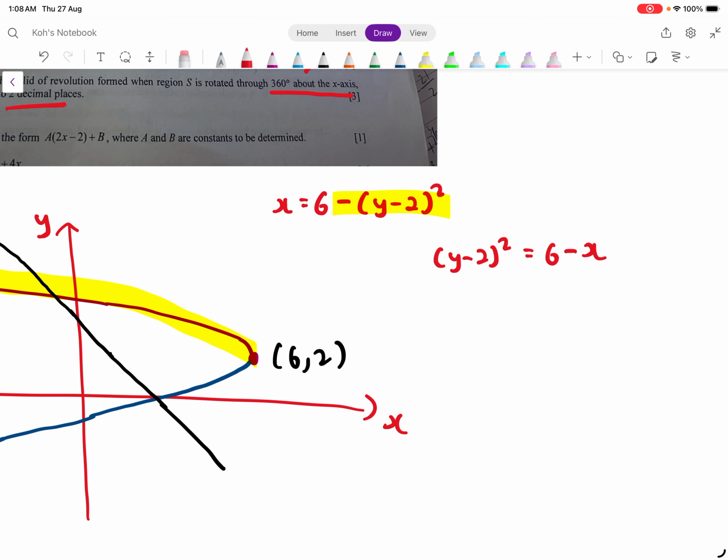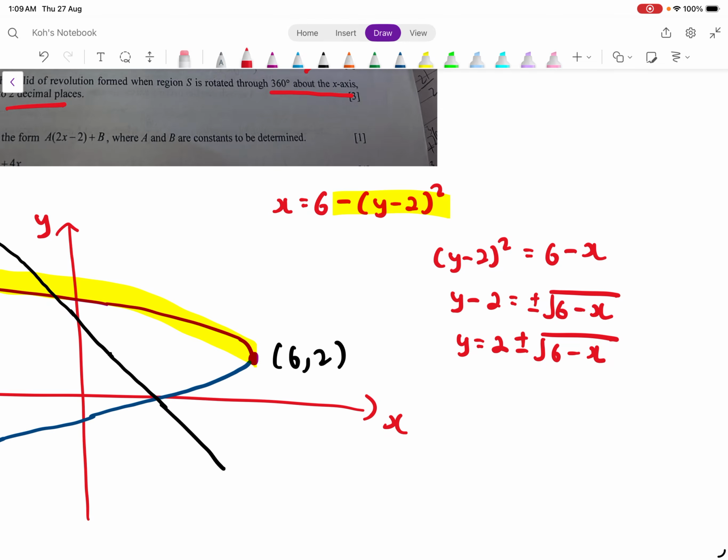I don't want (y minus 2) squared, so I do the square root: y minus 2 equals plus minus square root of 6 minus x. Because when you do the square root, you must have a plus minus. So y is equal to 2 plus minus root of 6 minus x. Notice that there are two equations, one plus, one minus.